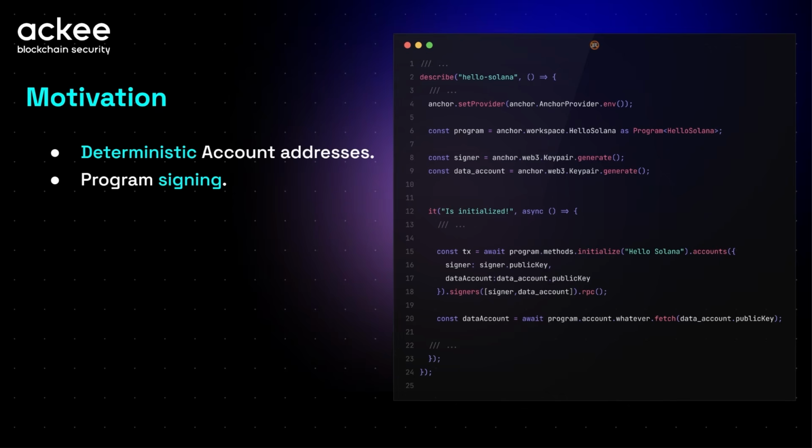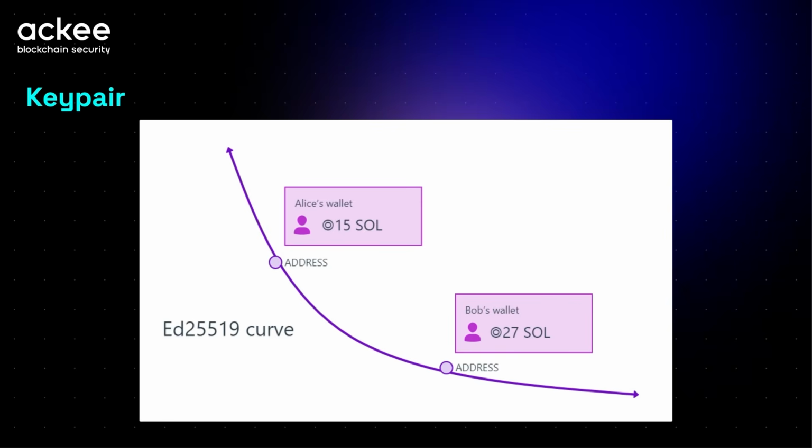I said the PDAs do not have their corresponding private keys, but they still can be used in order to sign the cross program invocations, not the transactions directly from the off-chain or from the tests, but you will see that you can use them during the cross program invocations. This is from the motivation part.